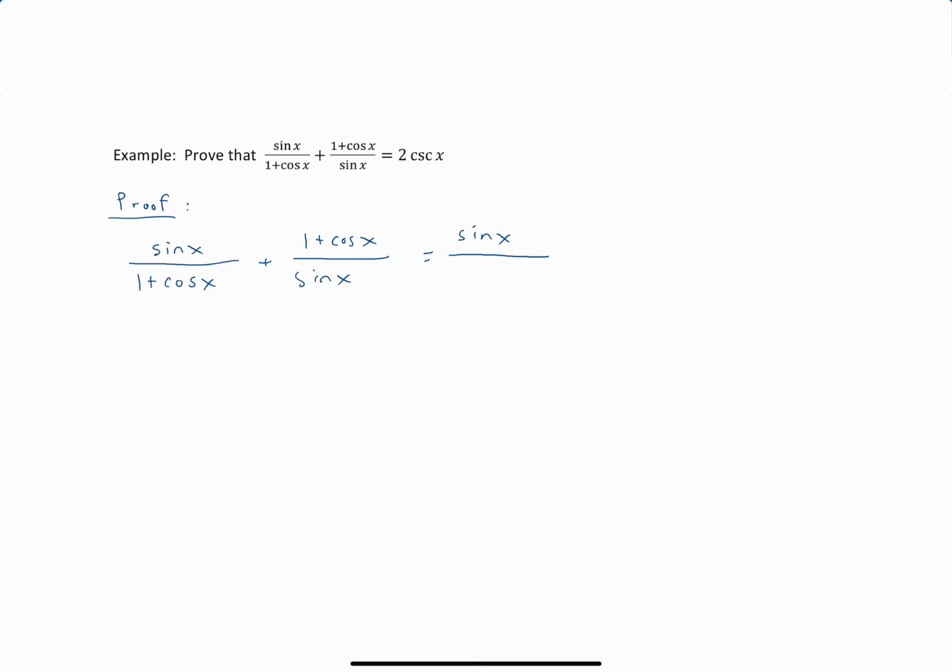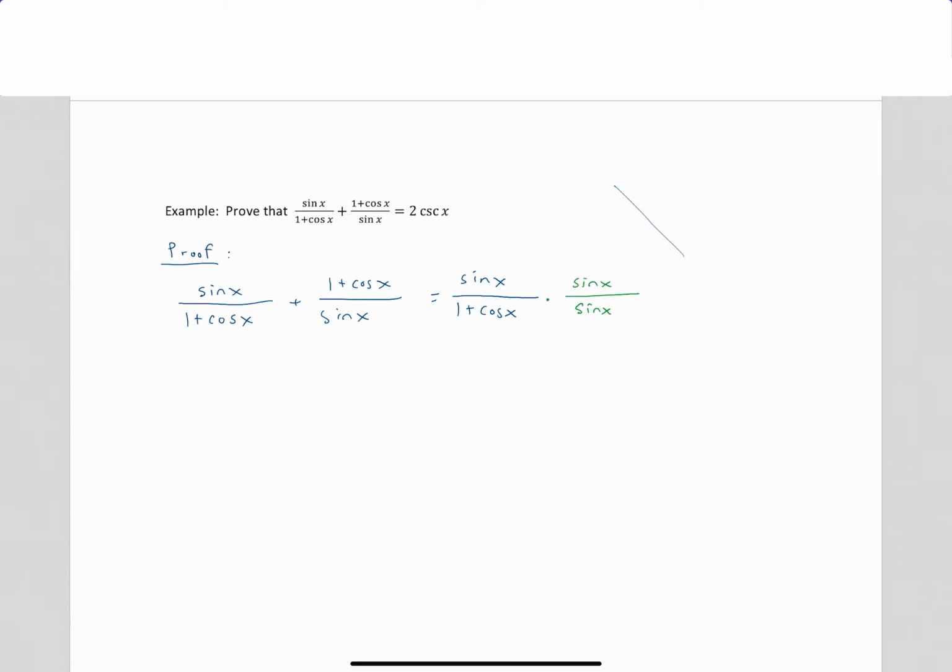Okay, here we go. So I have sine of x over 1 plus cosine of x, and I need that denominator to be 1 plus cosine times sine. So I'm going to multiply this first fraction by sine over sine. And then what about the second fraction?